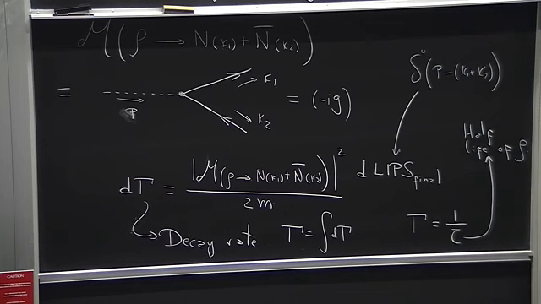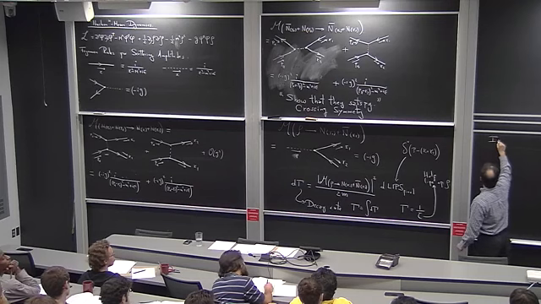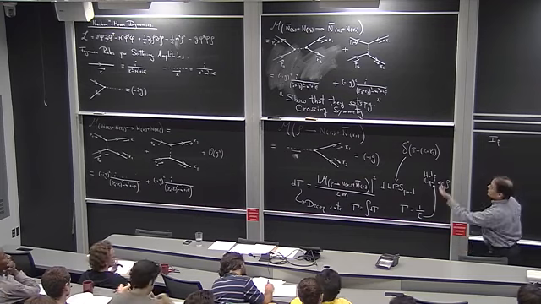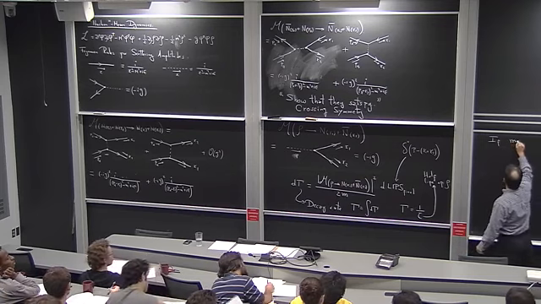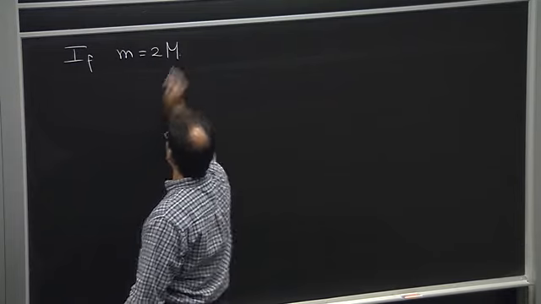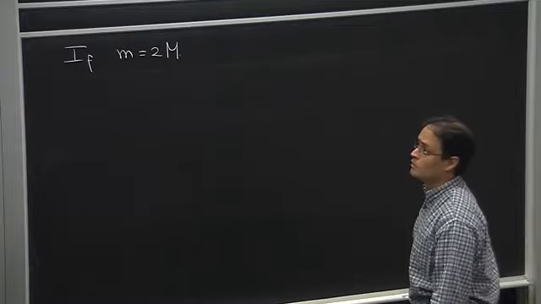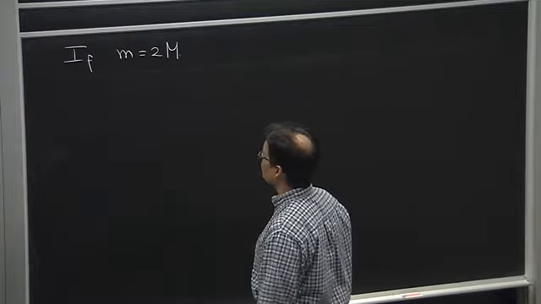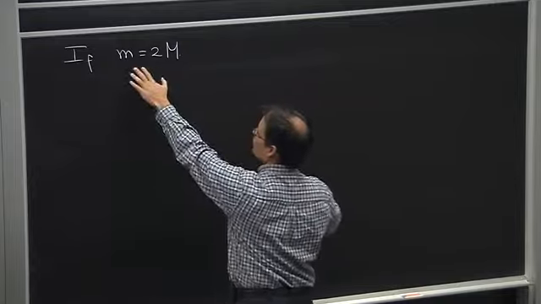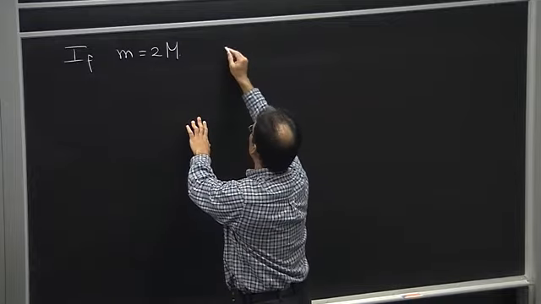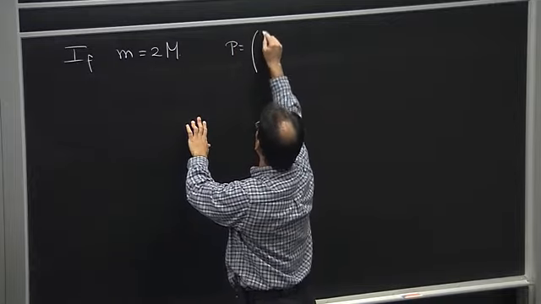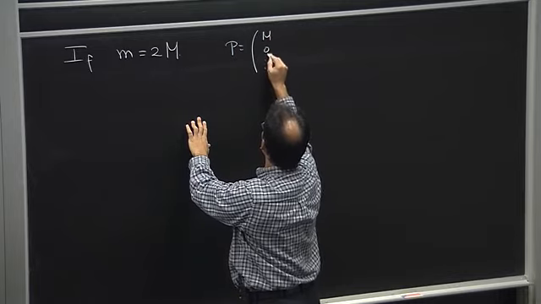Okay? Now, say that the mass of the meson is equal to 2 times the mass of the nucleons. What do we find? Well, we can go to a frame where P is just (M, 0, 0, 0).